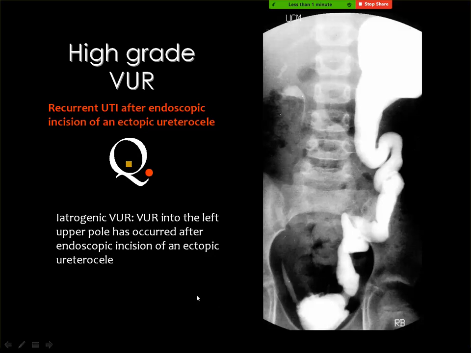And this is of course a high grade reflux on the left side, and less grade or grade 3. This is grade 3 on the right side, and this is grade 5 on the left side.